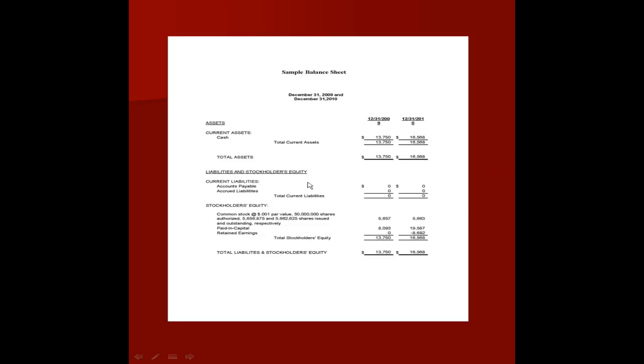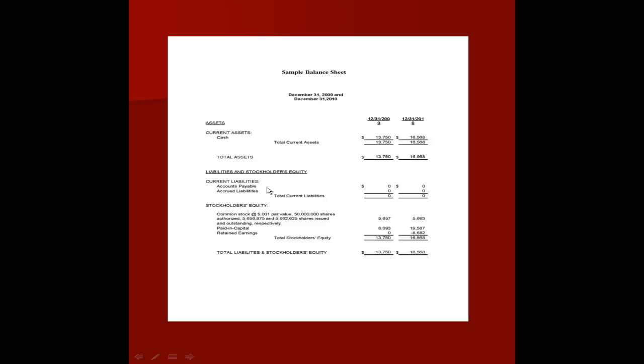Then liabilities and stockholders' equity. Current liabilities are accounts payable. You generally have accounts payable and accrued liabilities. Now, under GAAP, there are generally two ways of accounting, cash and accrual. GAAP generally requires accrual accounting for businesses. What that means is your accounts payable count when you get them.